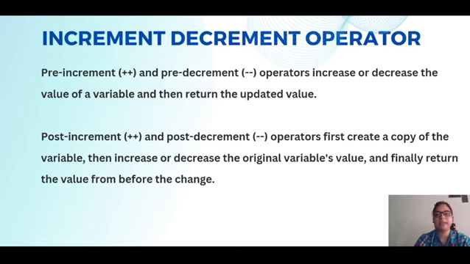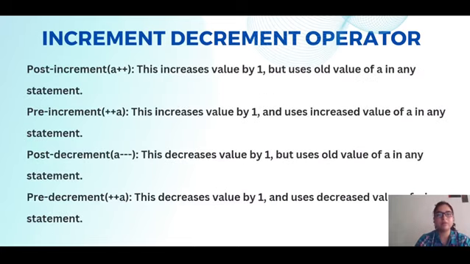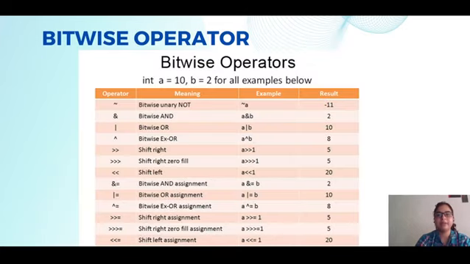We have seen the increment and decrement operators: pre-increment, post-increment, pre-decrement, and post-decrement. We have also seen the analogy to memorize exactly what output we are going to get for each. We have seen bitwise operators: bitwise unary not, bitwise and, bitwise or, XOR, shift right, and shift left. We have seen the truth tables of not, and, or, and XOR.